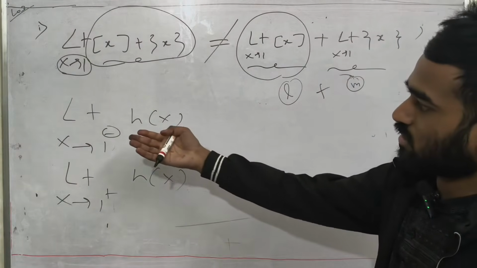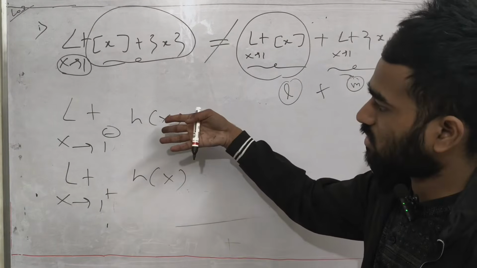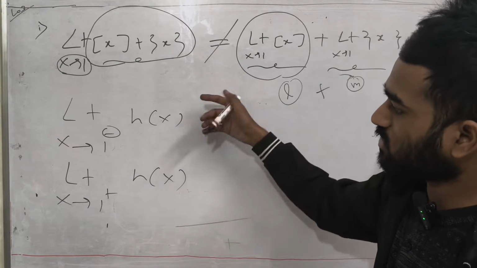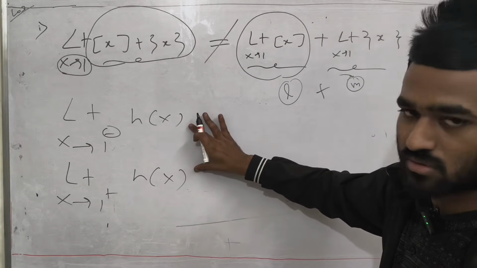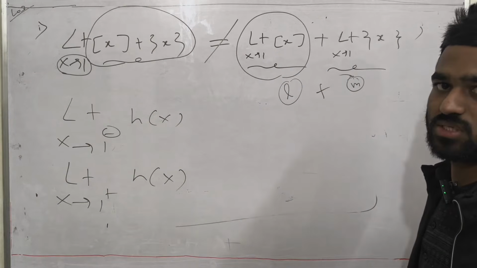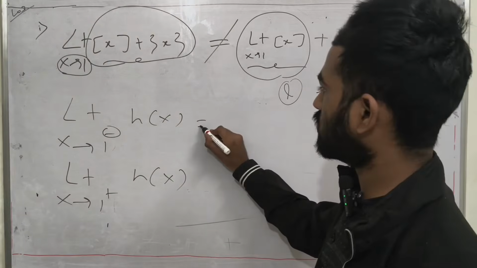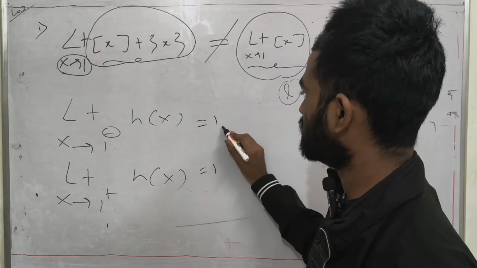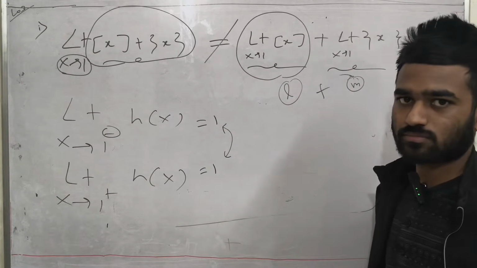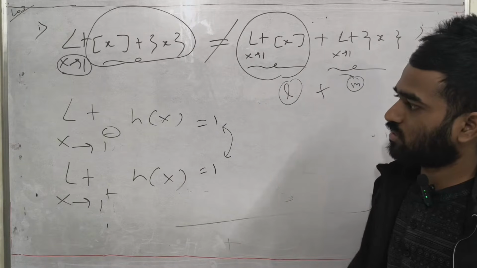Here x tends to 1 minus, I am finding h of x, and x tends to 1 plus, I am finding h of x, and if these both are equal, then we got the final limit. Understand, we got this as 1 and this as 1, since these both are equal, we got the final limit. समझ में आ रहा है?